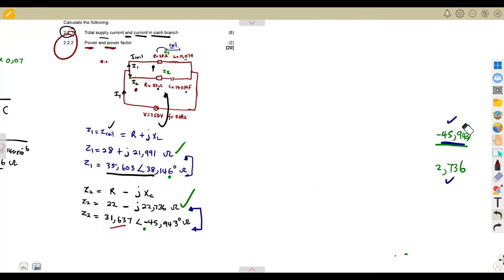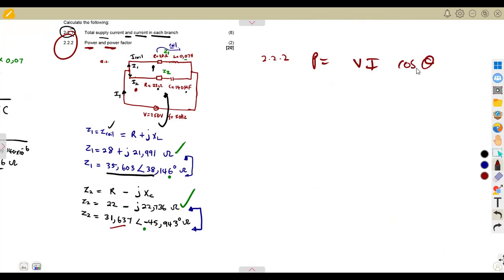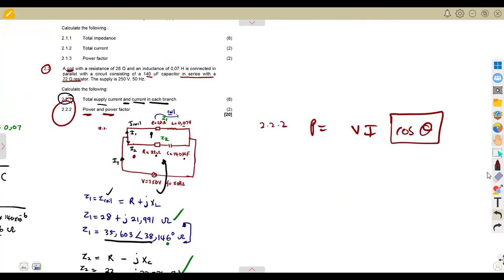Remember, power, this is a single phase. This is not a three-phase. So power, you just take your power as it is. Power is equal to VI, the cosine of theta. So the cosine of theta is the power factor. That is your power factor, the cosine of theta. So meaning to say you already have the power factor cos theta.